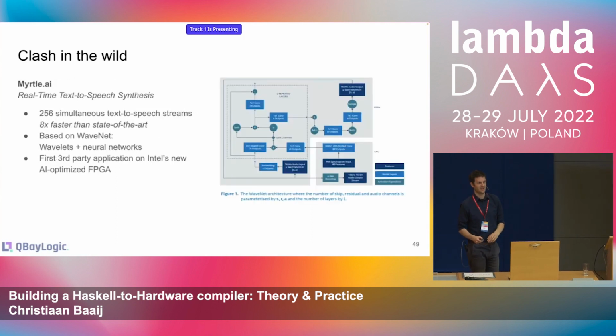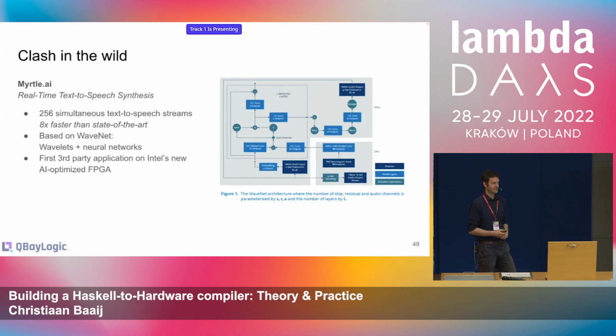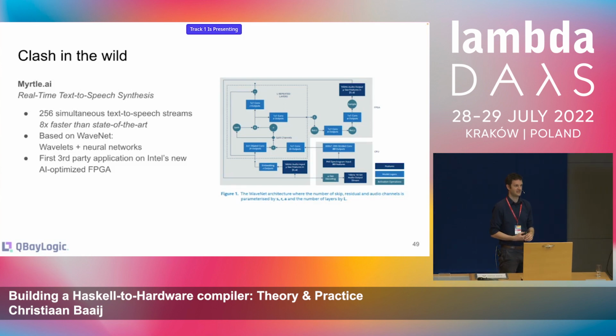Another company is a company based in Cambridge, UK, called Myrtle AI. They've been building accelerators for deep neural networks. So they realized that, well, for CNNs, convolutional neural nets, you should just use a GPU.